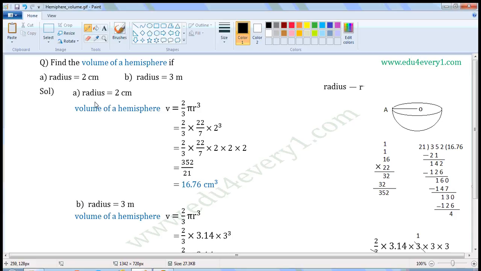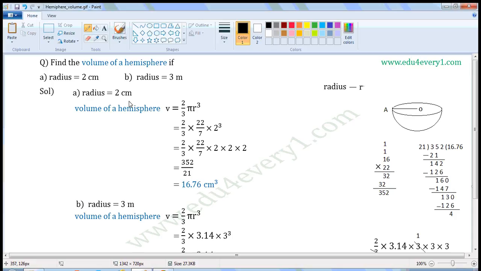First one, radius is equal to 2 centimeters. We can find the volume of a hemisphere using the formula V is equal to 2 by 3 pi r cube. V means volume, pi is the constant, its value is approximately equal to 22 by 7 or 3.14, and r is the radius.